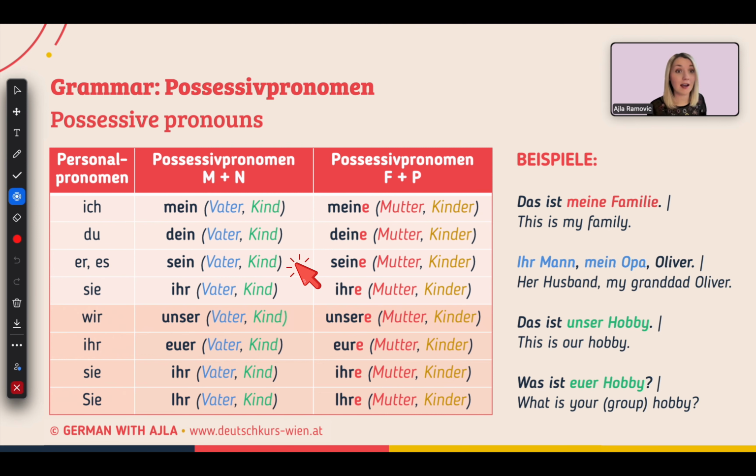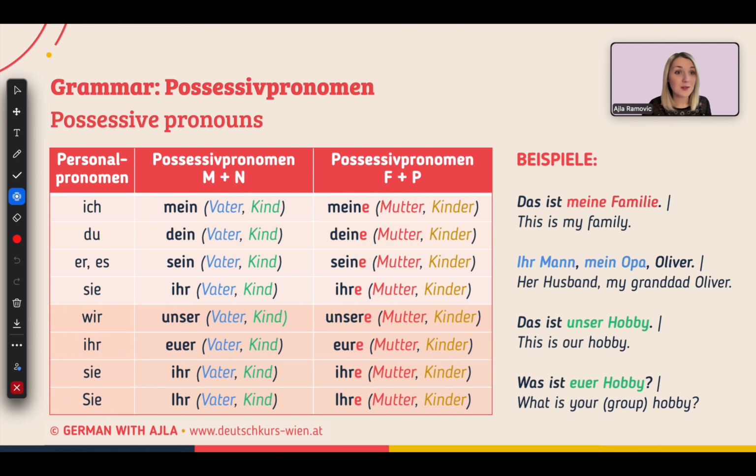On the other hand, we would say, das ist seine Mutter und das sind seine Kinder. This is his mother and these are his children.